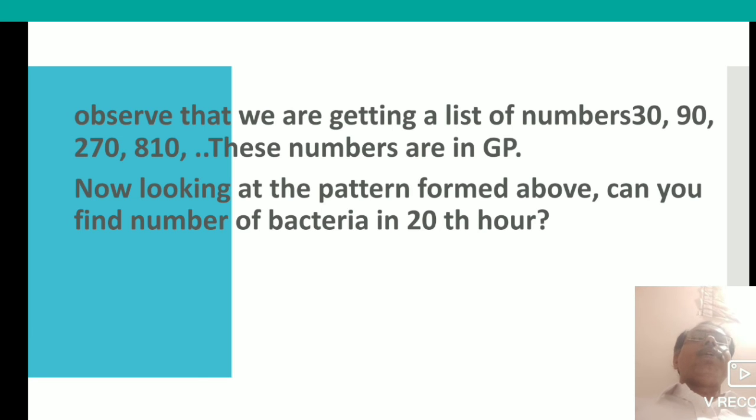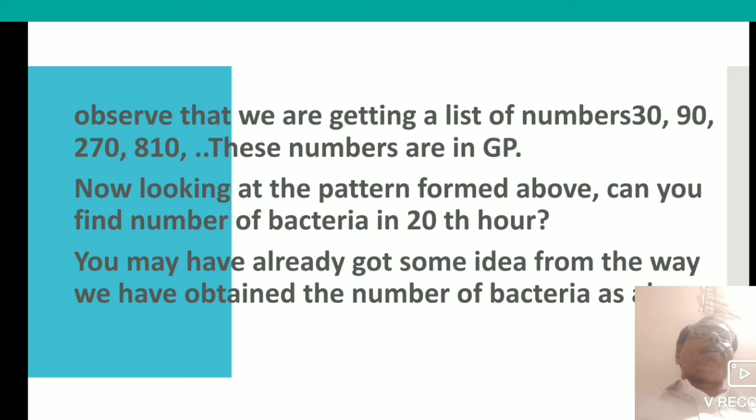So now looking at the pattern formed above, can you find the bacteria in the 20th hour? So I write the same pattern as above: after the second hour, at the third hour, at the fourth hour, and here to write at the 20th hour.